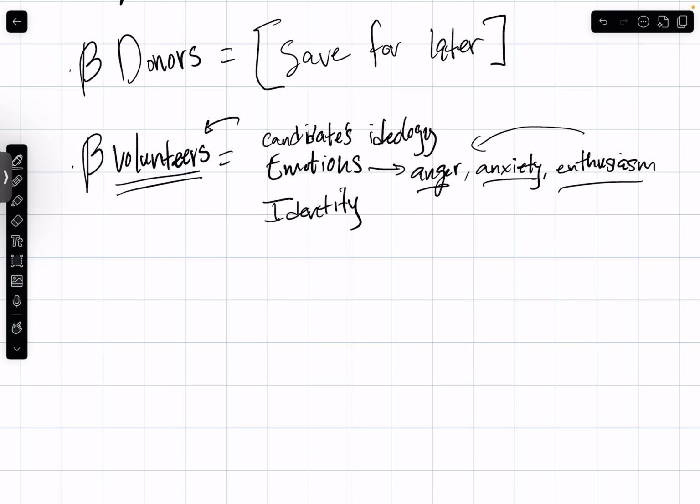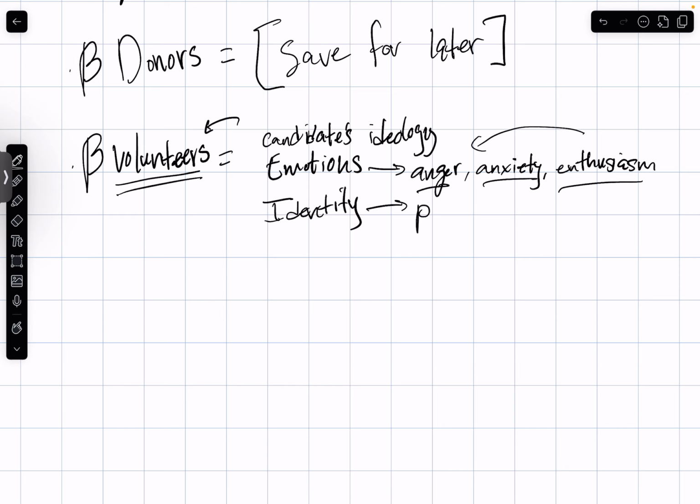So the next variable in this vector of volunteers, that's an alliteration for you if you wanted some of that, is identity. Okay, and this one's pretty straightforward, right? If you just take everything we learned about identity, people want to increase the status of their group.